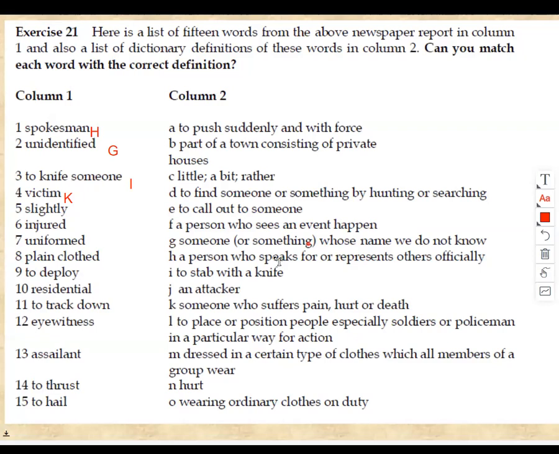Number 3, to knife someone, the answer is I, to stab with a knife, right? Stabbing with a knife is a phrase widely used in the English language. Number 4, victim, corresponds with the option K, someone who suffers pain, hurt, or death. Similarly, you can finish the rest of the exercise which is available in your book.